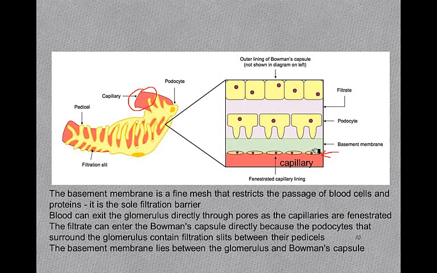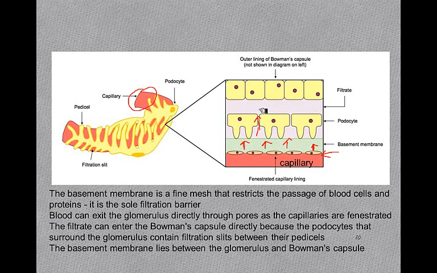And fenestrated simply means that there's little holes in the cells lining the capillary, and that allows the movement, as we were talking before, of electrolytes and water out of the capillaries. But it is not large enough to let red blood cells and proteins out. These holes are also very highly charged, and that helps hold in the protein and red blood cells. And then it flows past these cells here called podocytes.